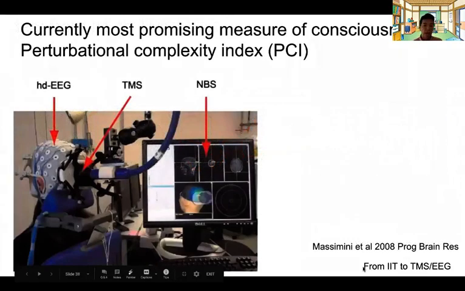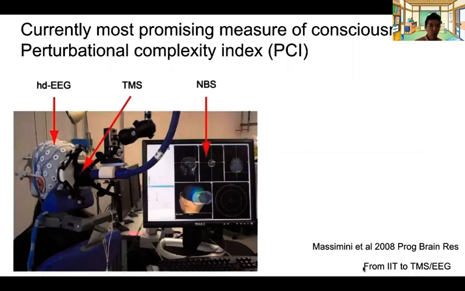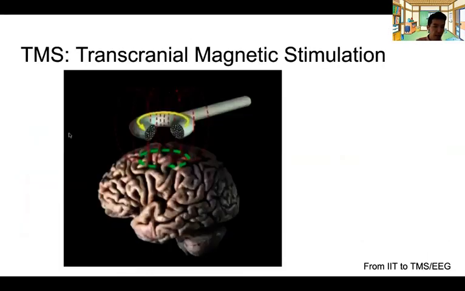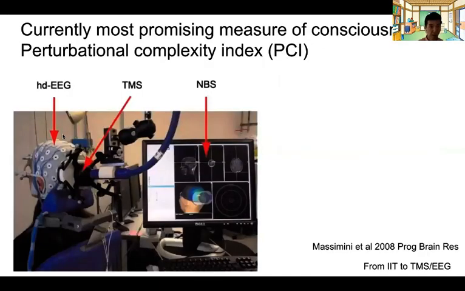The way the experiment goes is like this. First, the patient or subject sits in a chair, equipped with a high-density EEG monitoring system that is compatible with the TMS stimulation.